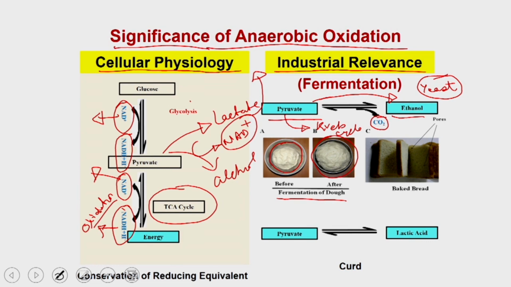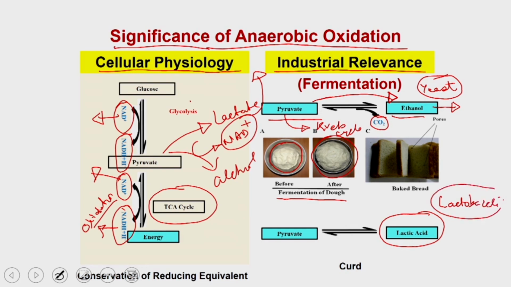In the alternate pathway, you can also convert the pyruvate into alcohol, and that alcohol can be used for producing different types of beverages. Similarly, in another pathway, when the pyruvate is getting converted into lactic acid, this is very often found in another bacterium which is called lactobacilli.